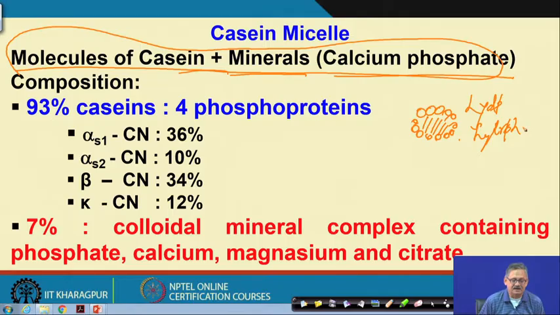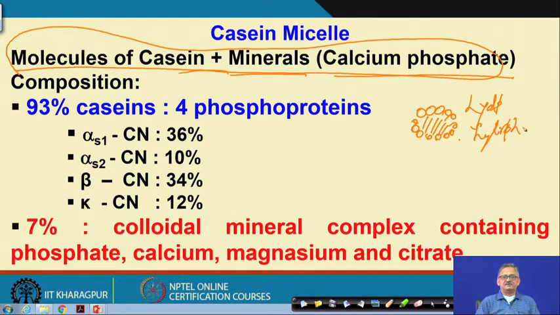Those we had said earlier. Now, casein micelle is where molecules of casein plus minerals in the form of calcium phosphate associate or agglomerate, they form this bonding, and that is the micelle.